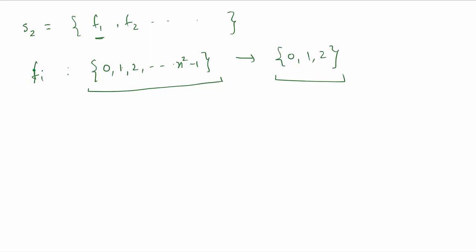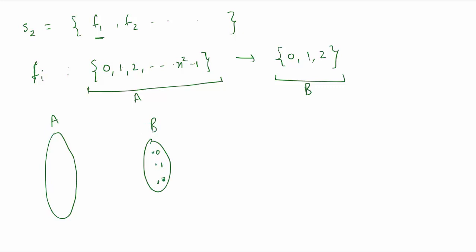Now let's see how many such functions are possible which map from this set to this set. Suppose there is a set A which is this domain and a set B which is this codomain. B has three elements 0, 1, 2 and A has n square elements, from 0 to n square minus 1.